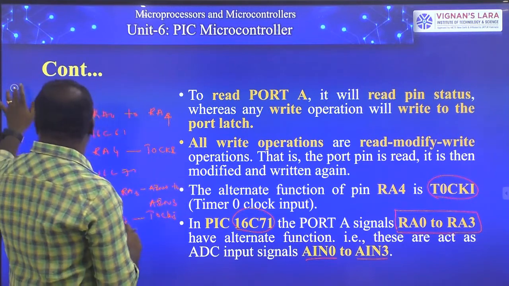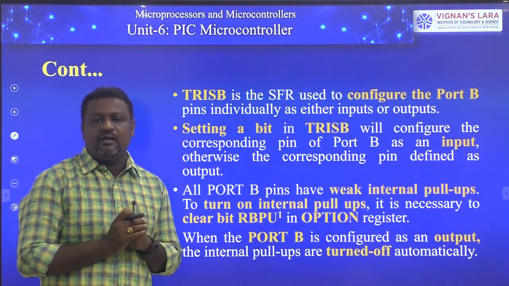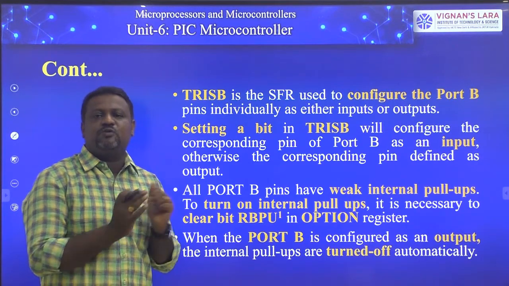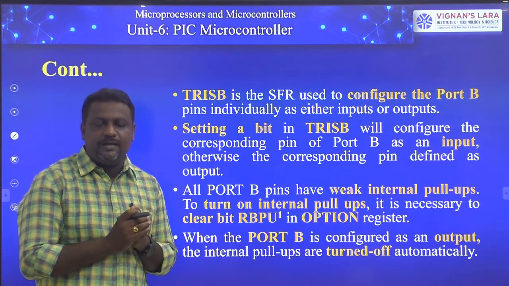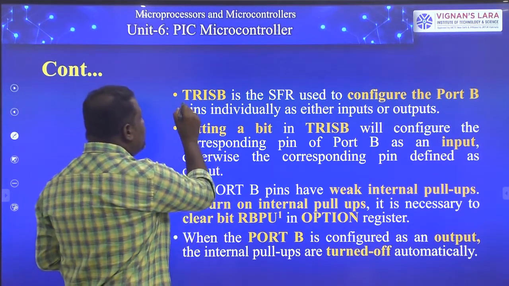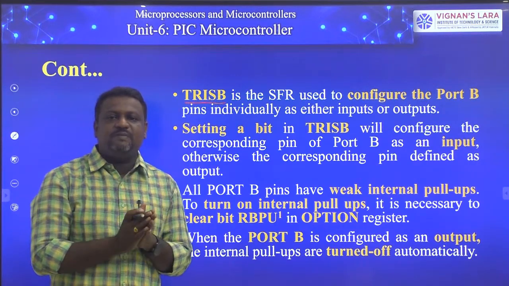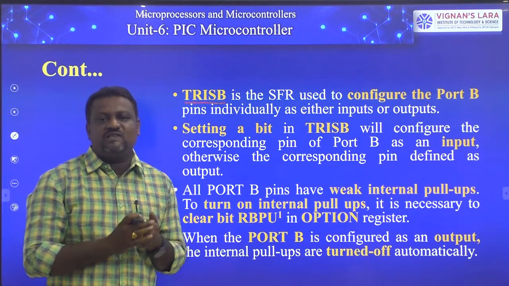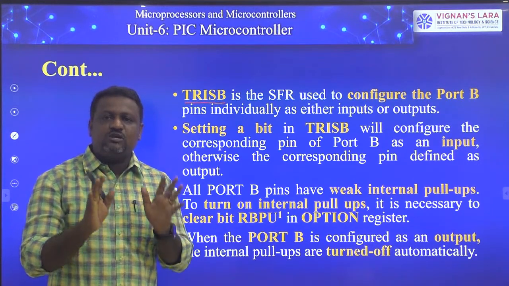Next, coming to port B. Similar to port A, to program the signals of port B individually as input or output signals, port B has a data direction register called TRISB. With the help of TRISB, I can program the port B signals as either input or output, depending on my requirement.